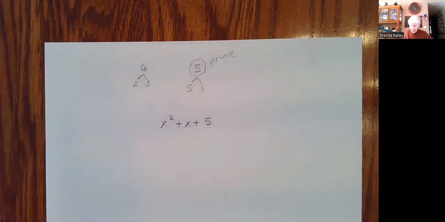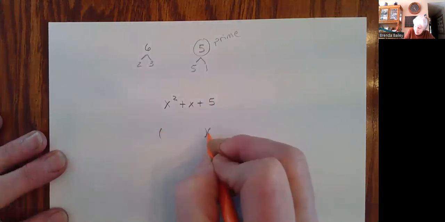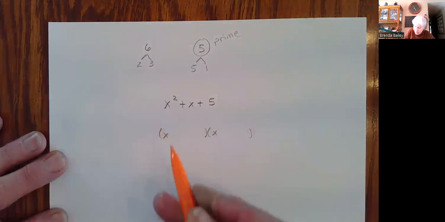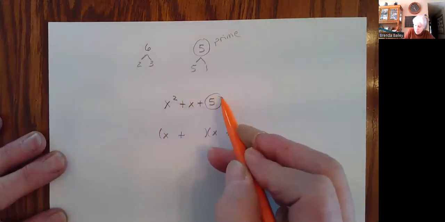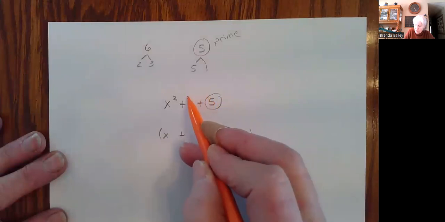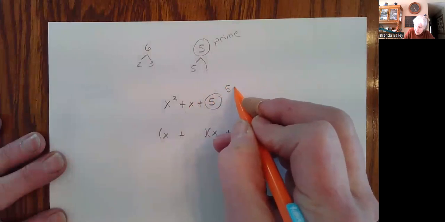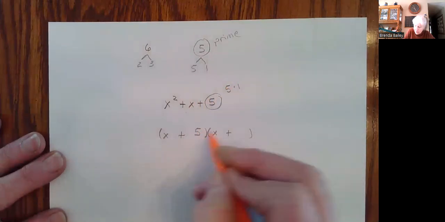But if you had something like this here, and you were to try to factor this, you would have to come up with numbers, everything's positive, okay, that multiplied together give you this, but added together give you a 1. Well, the only possibility I have is 5 times 1. That's it. That's the only choice.